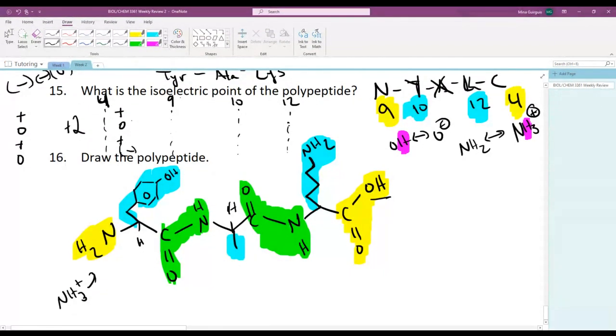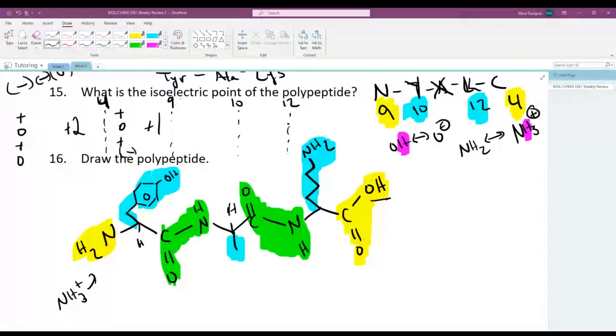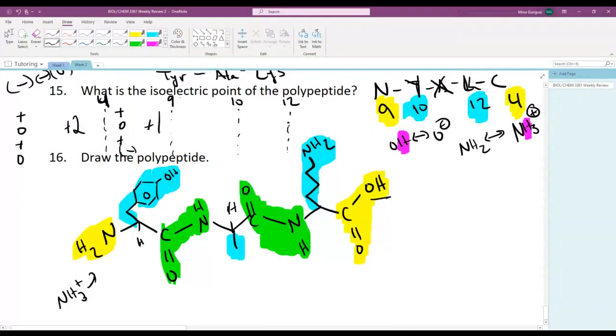So now the overall charge of our polypeptide is 2 positives and 1 negative, so it's only +1 between pH of 4 and pH of 9. Okay, does that make sense to everyone? Yes, okay, fantastic.